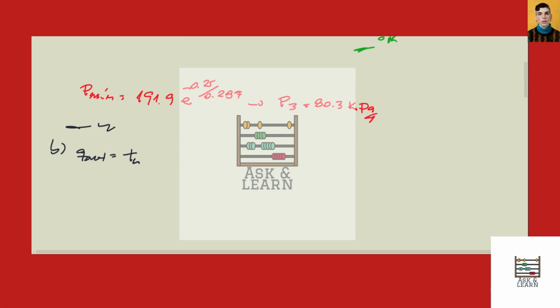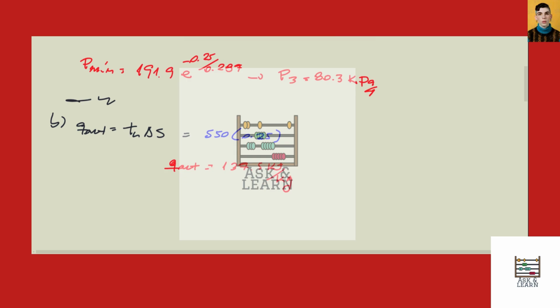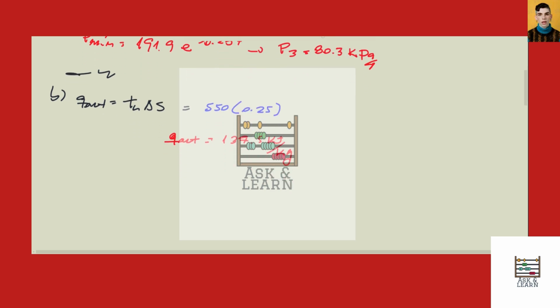So this is just TL delta s, delta S. So since it's the low temperature of the cycle, this is just, let me see, 550 multiplied by 0.25. Therefore, the heat output is just 137.5 kilojoules per kilogram.